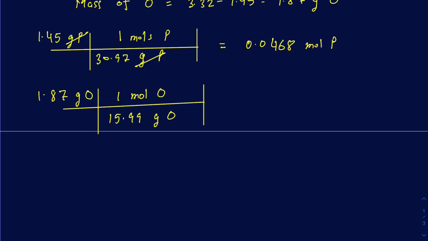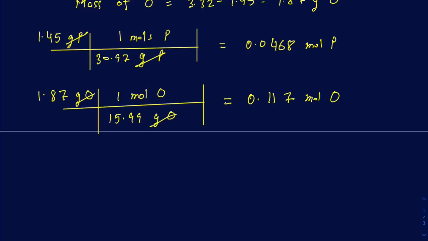Then grams of oxygen cancels out. Let's do the math here. So 1.87 divided by 15.99, and that's going to give you 0.117 moles of oxygen.